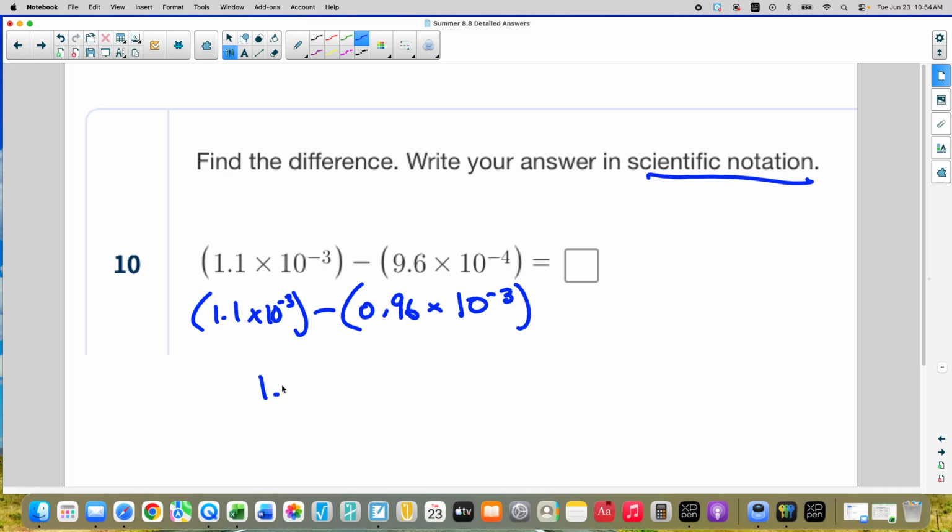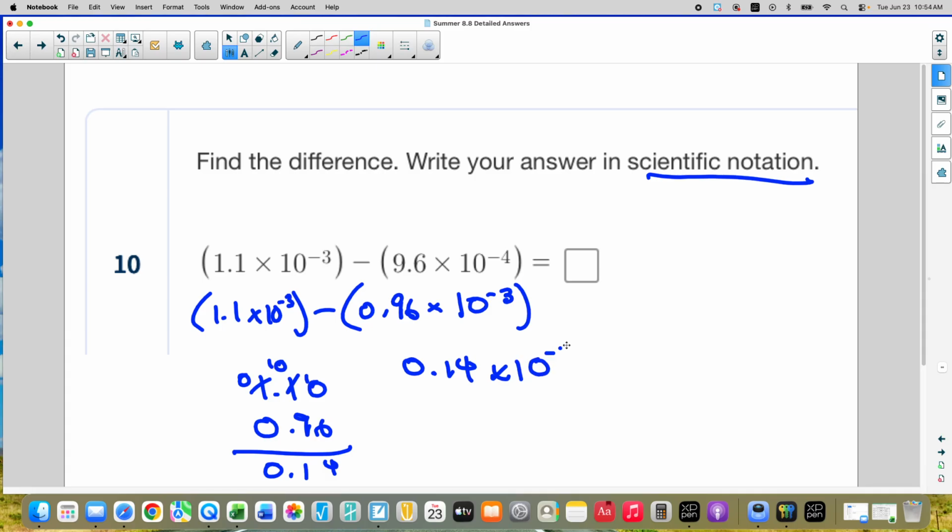And we'll still subtract 1.1 from 0.96. I got to borrow again. That's 4. Got to borrow. That's 1. That's going to be 0.14. I think I did that correct. Yep. So we're going to get 0.14 times 10 to the negative 3.